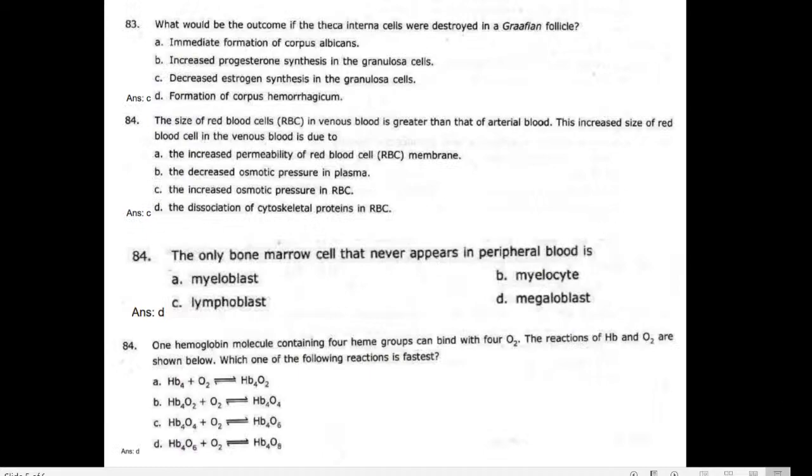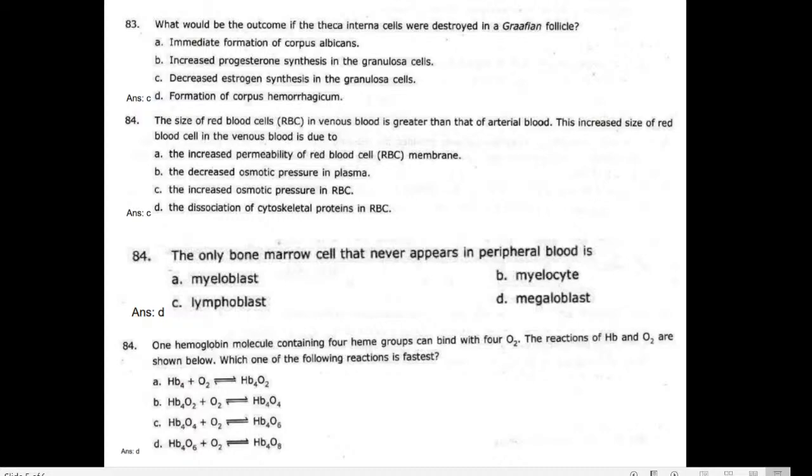Next thing about this question: what would be the outcome if the theca interna cells were destroyed in the Graafian follicles?